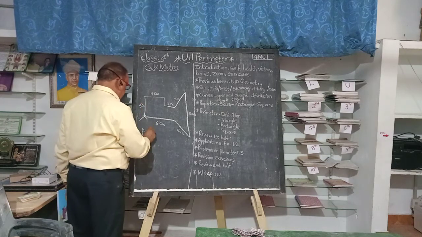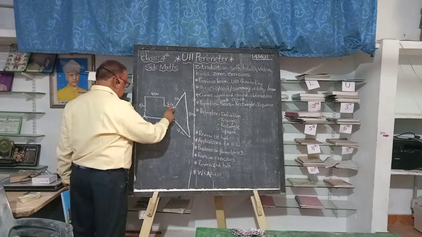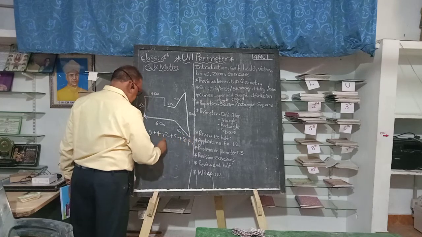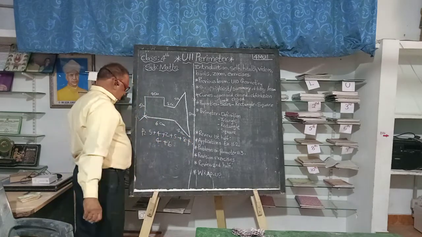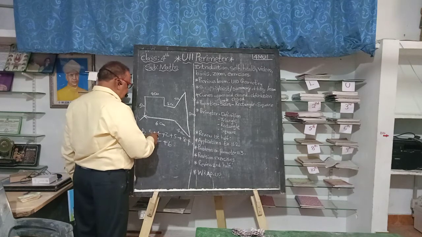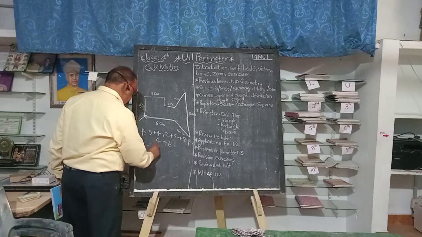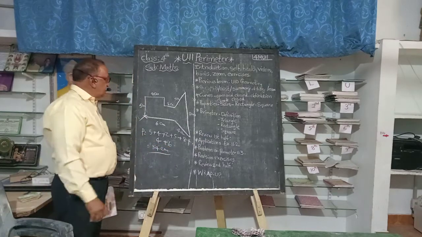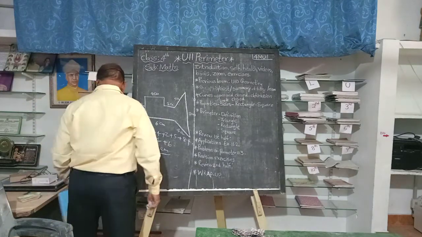First this is 5, plus next 4, next 2, next 5, plus next 8, next 4, next 6. That means we came all the way back here. So 5 plus 4 is 9, 11, 16, 24, 34, which is equal to 34 centimeters. Understand? That is the perimeter of that sketch.